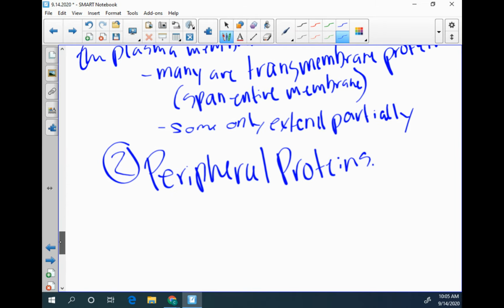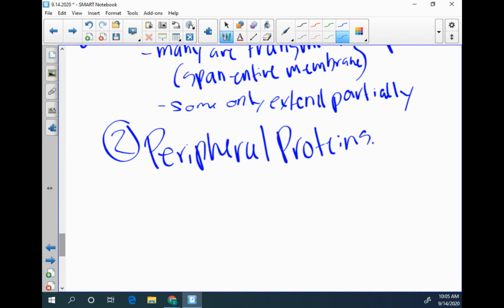Peripheral proteins aren't embedded, but they are loosely bound to the surface.